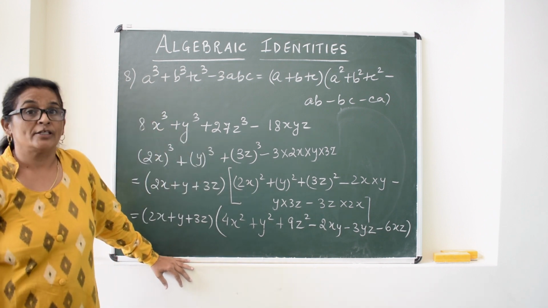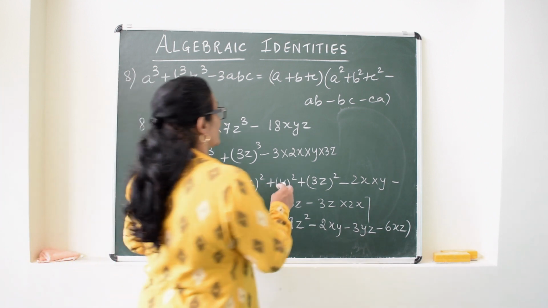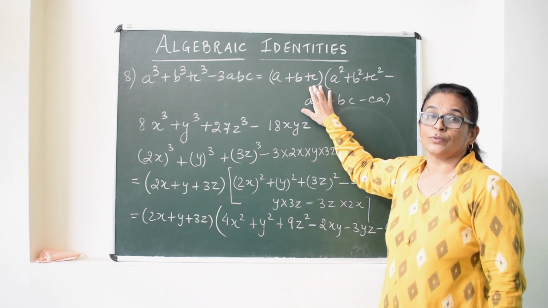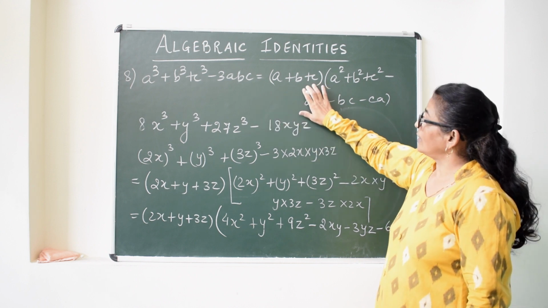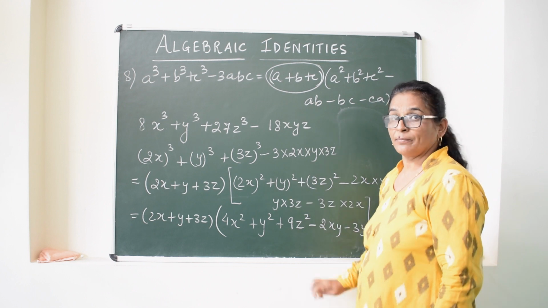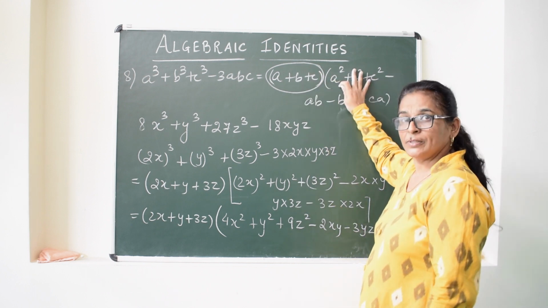Now there is a condition of this identity. In this case, if a plus b plus c is equal to 0, that is called the conditional identity for the same thing. If a plus b plus c is equal to 0, then what will happen? This whole term will be 0. Why? 0 into this will be 0.